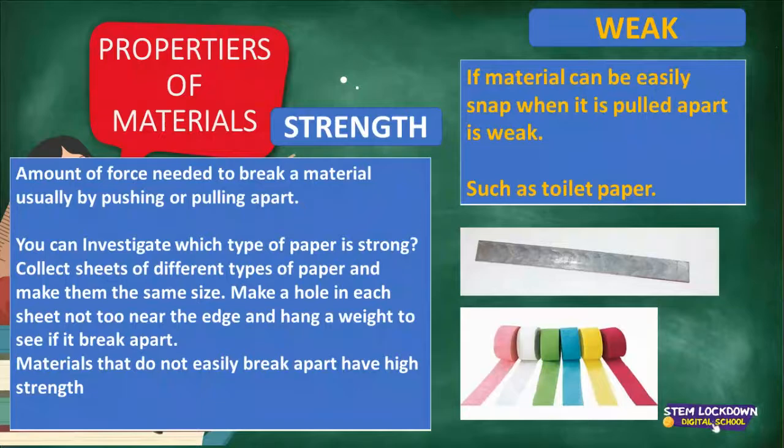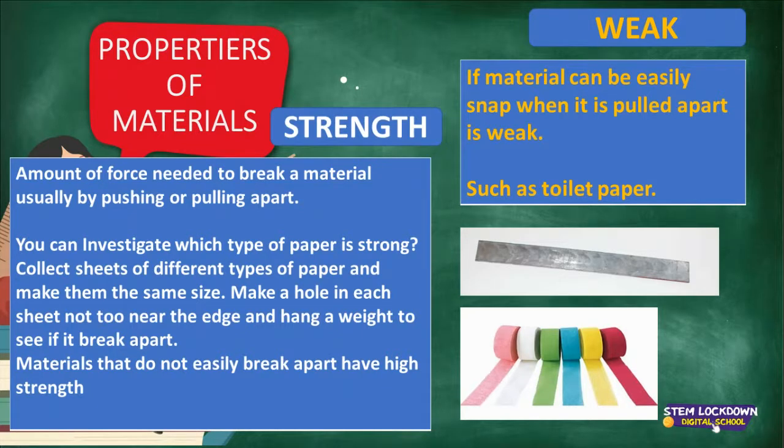So between a steel and a paper ribbon, even if they are the same size, you can just guess which one is going to break apart and which one will not. It is obvious that steel is very strong and paper is very weak.